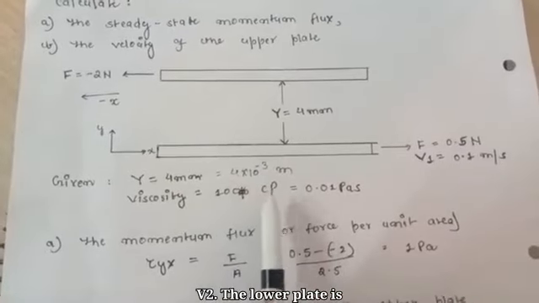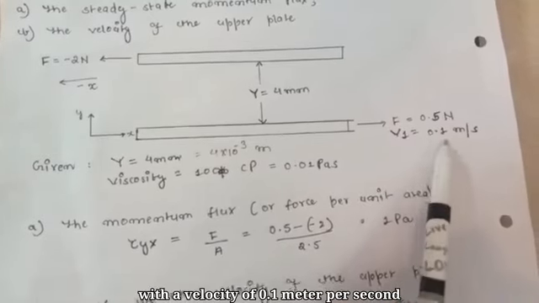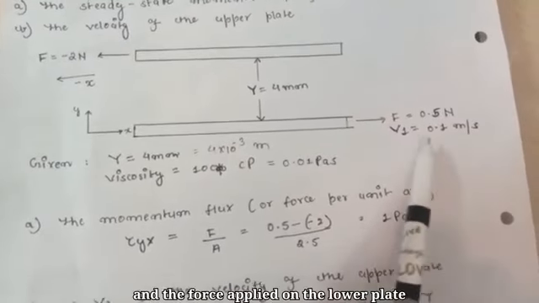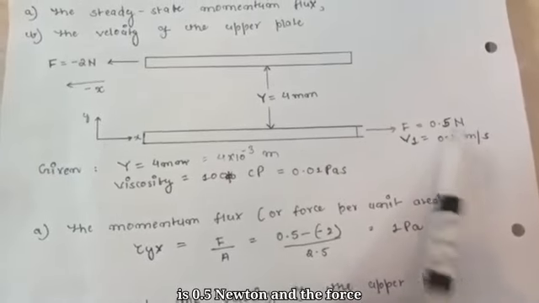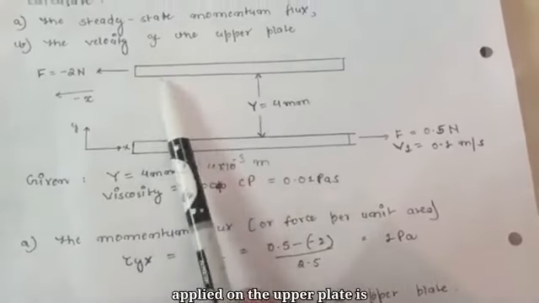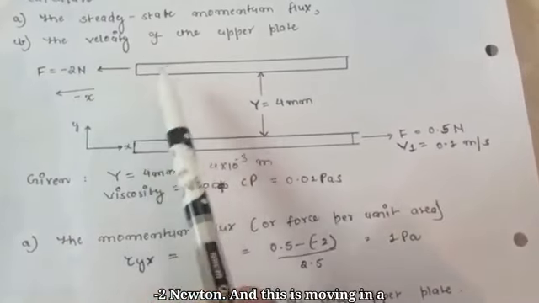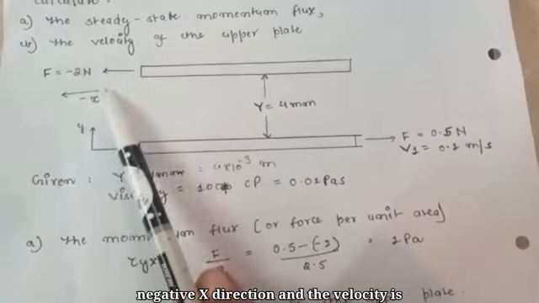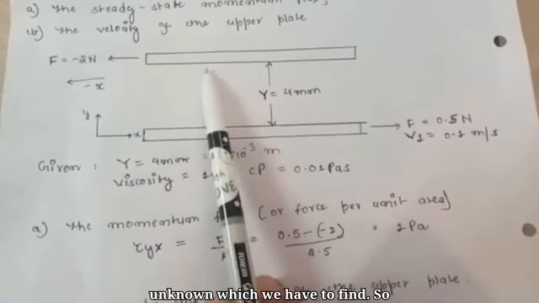The lower plate is moving right, in the positive x direction, with a velocity of 0.1 meter per second, and the force applied on the lower plate is 0.5 Newton. The force applied on the upper plate is minus 2 Newton, moving in the negative x direction, and its velocity is unknown, which we have to find.